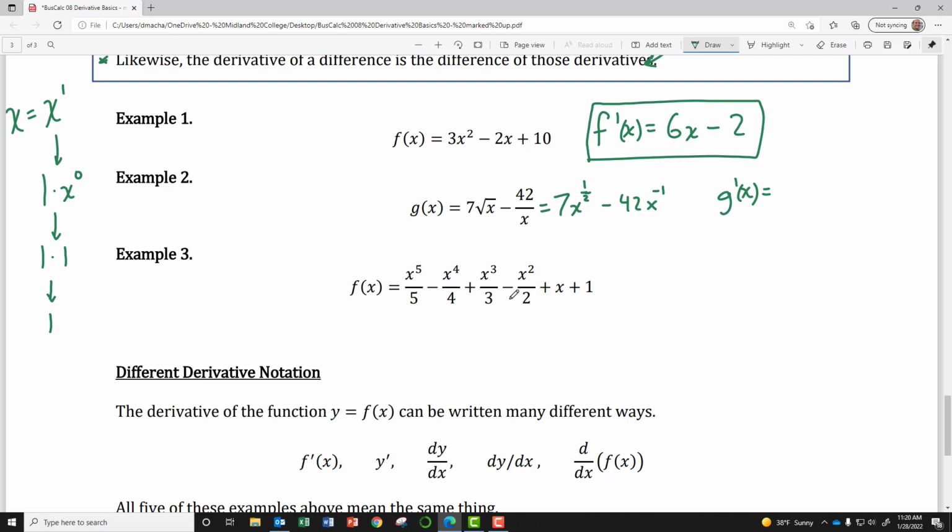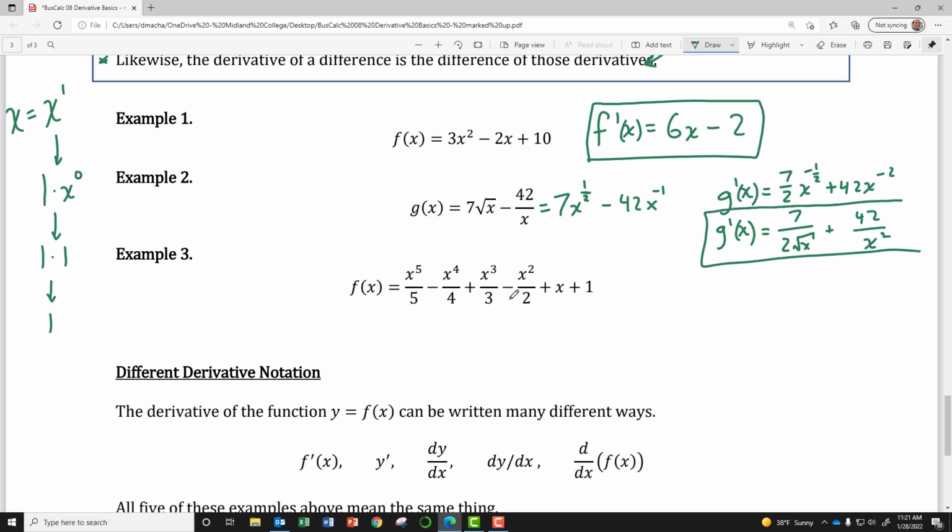We can write that as 7/2 x to the negative 1/2 power minus a negative 42, so you could just write plus 42 because I'm bringing down that negative 1 in front, times x to the negative 2 power. And if you wanted to rewrite this, you could rewrite it as 7 over 2 root x plus 42 over x squared. So there's your derivative.